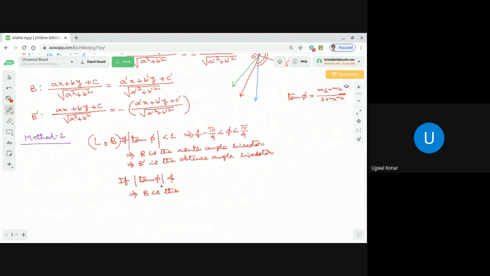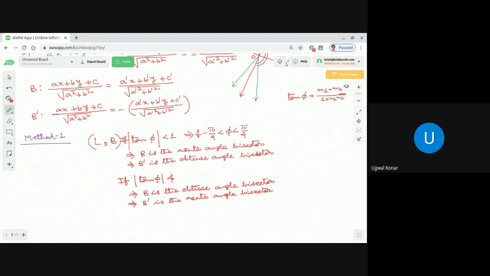That means the straight line B is not an acute angle bisector, it is the obtuse angle bisector. And as B is the obtuse angle bisector, the other one, that is B dash, is the acute angle bisector. Correct? So we found method 1.